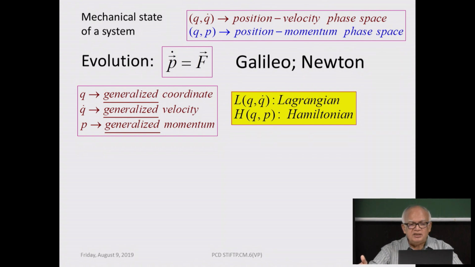And you can describe the state of the system accurately either as position and velocity or some function of position and velocity, which is the Lagrangian. So in the variational method, you describe the state of the system by the Lagrangian of the system, or equivalently by the Hamiltonian. But the Hamiltonian you would write in terms of q and p, and the Lagrangian in terms of q and q dot, which is position and velocity.